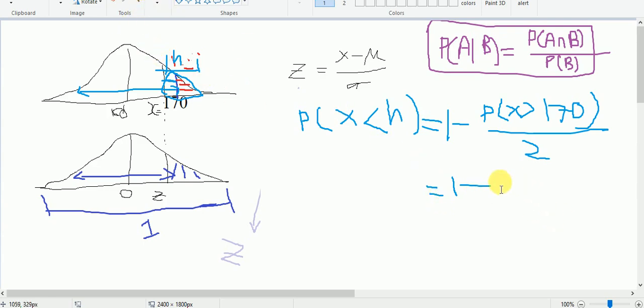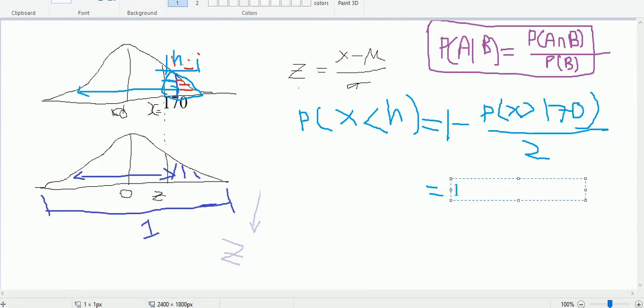So this will be 1 minus, earlier case it was 0.10565 by 2, which is equal to 0.947.